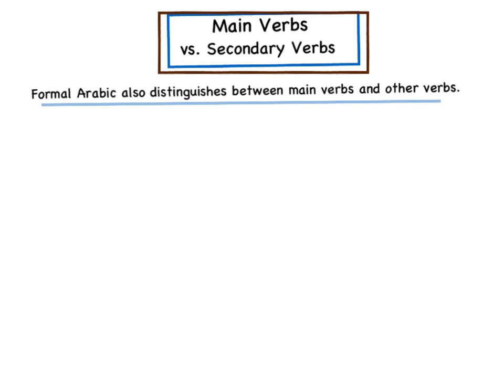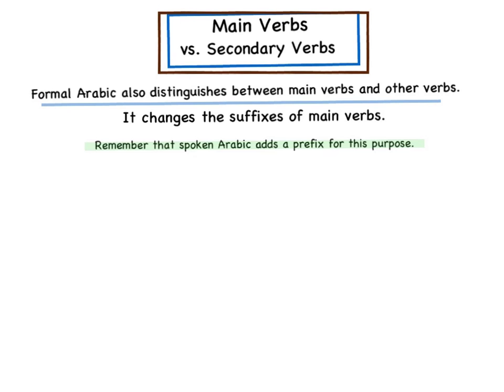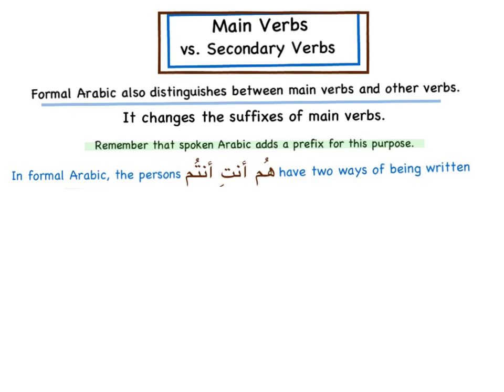Main verbs versus secondary verbs. Formal Arabic also distinguishes between main verbs and other verbs. It does so by changing the suffixes of main verbs, as opposed to the spoken Arabic when it adds a prefix for this purpose. In formal Arabic, the persons أنتم, أنتِ, هم have two ways of being written.